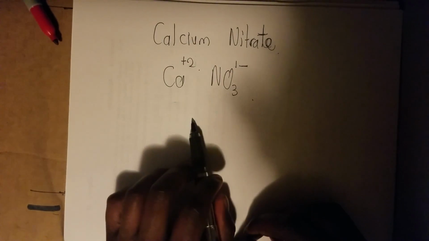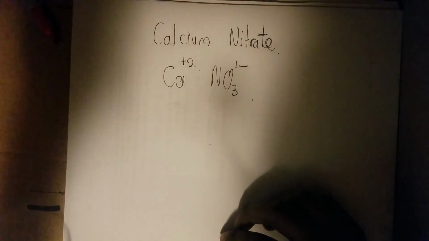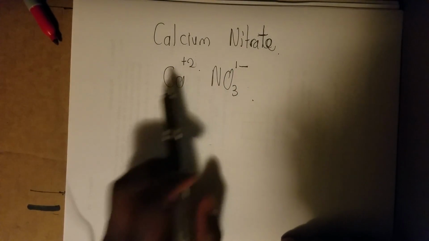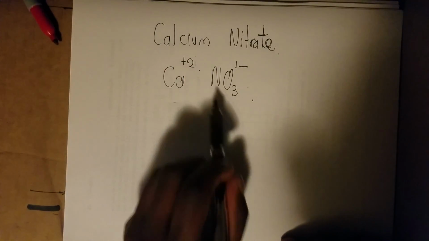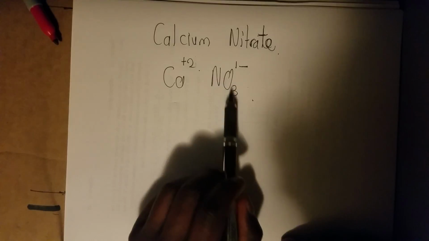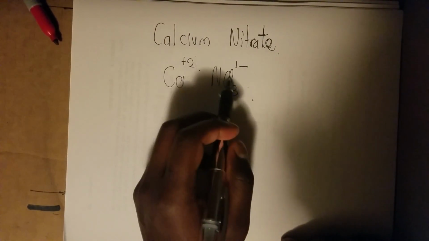Now we have to balance this equation. Now that we put the charges on top, we have to balance the charges. Be careful. This 3 here is not the amount of, it's already written. This has already been done, right?